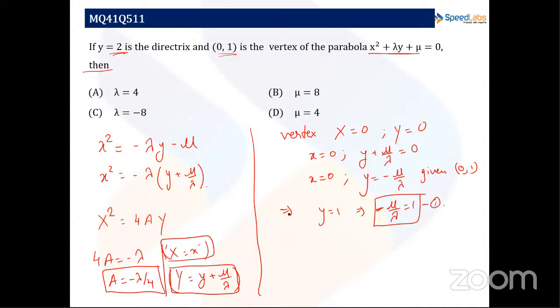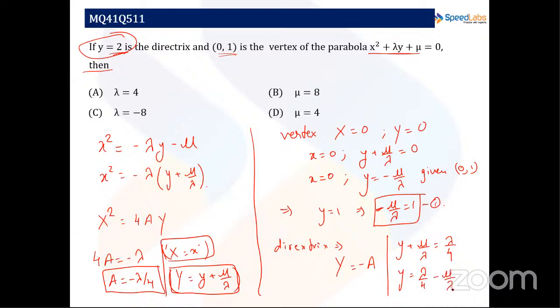Secondly, for the directrix, the directrix is y equals minus a. So capital Y, that is y plus mu upon lambda, is equal to minus a, that is lambda by 4. So y will be equal to lambda by 4 minus mu by lambda, and it is given that it is equal to 2.